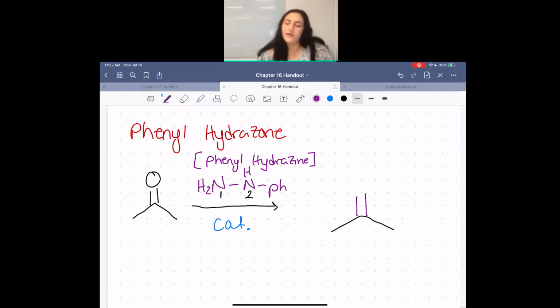So nitrogen 2 is never going to attach to the carbonyl carbon because there's too much steric hindrance and too many bonds present. So we have N attached to an NH attached to a Ph.